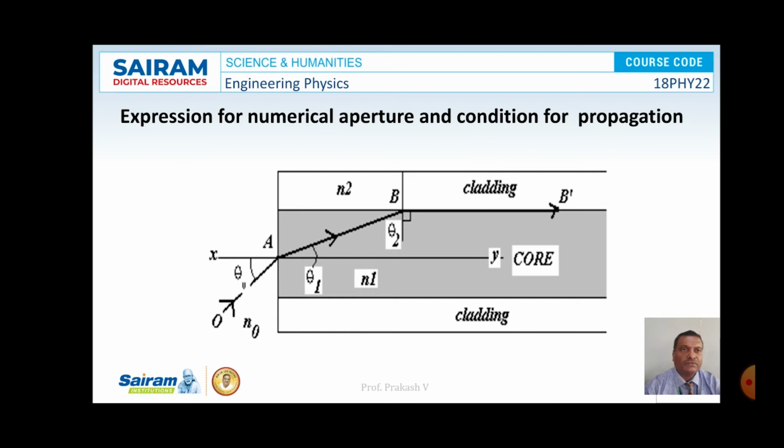Here N1 is the refractive index of the core and N2 is the refractive index of the cladding, and N1 is greater than N2. So for the angle of incidence theta naught at OA, the light travels along AB in the core and along BB dash, the boundary which separates the two media. This is the information about this diagram.